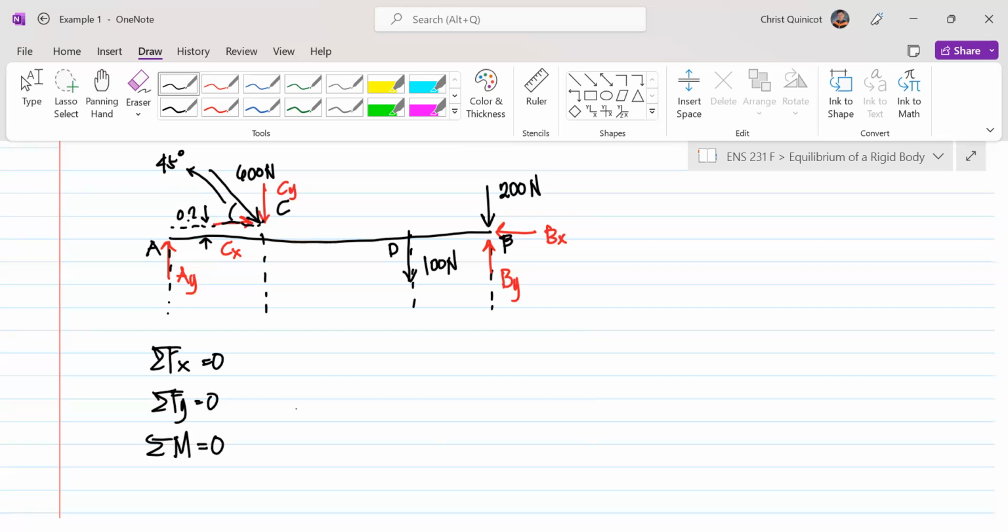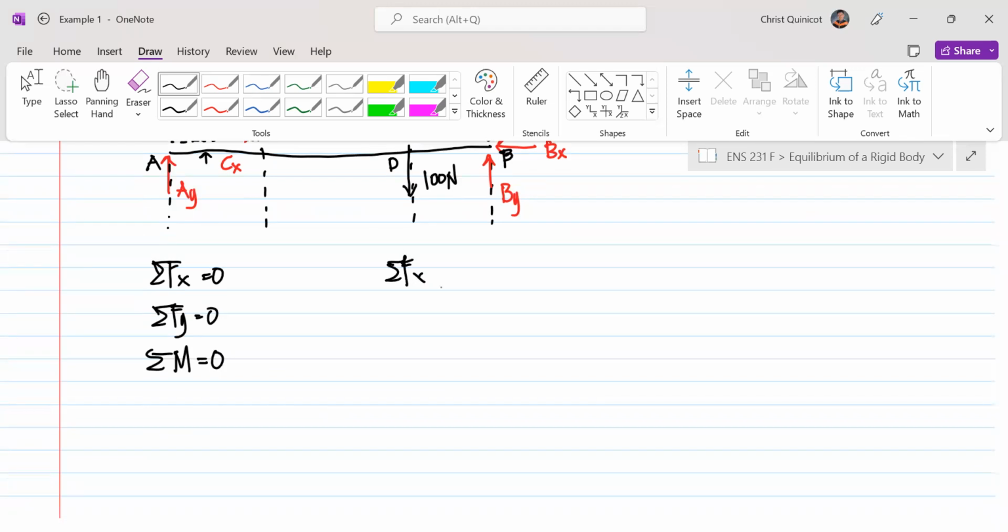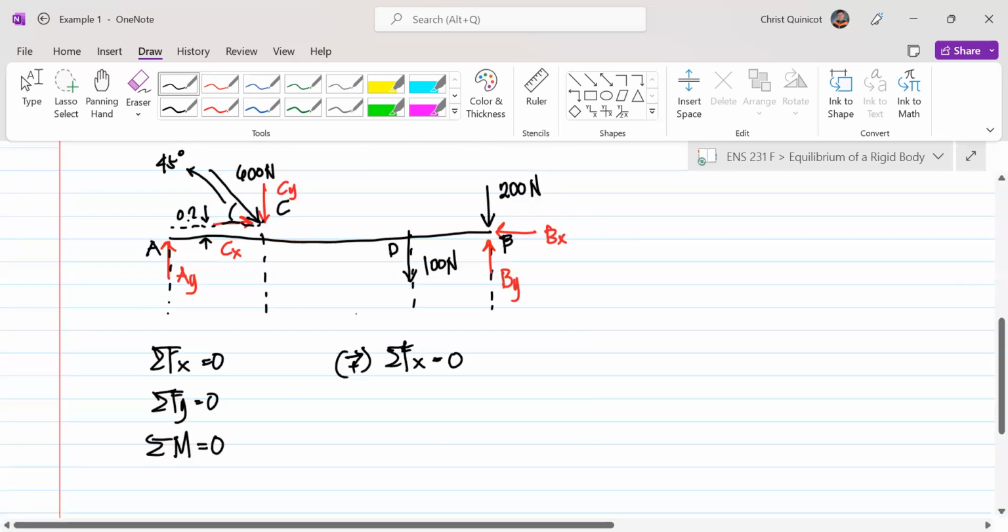So it is best to do that first. So we do summation of forces x is equal to 0, and assuming going to the right is positive. If you want to assume going to the left is positive, that is no problem either.